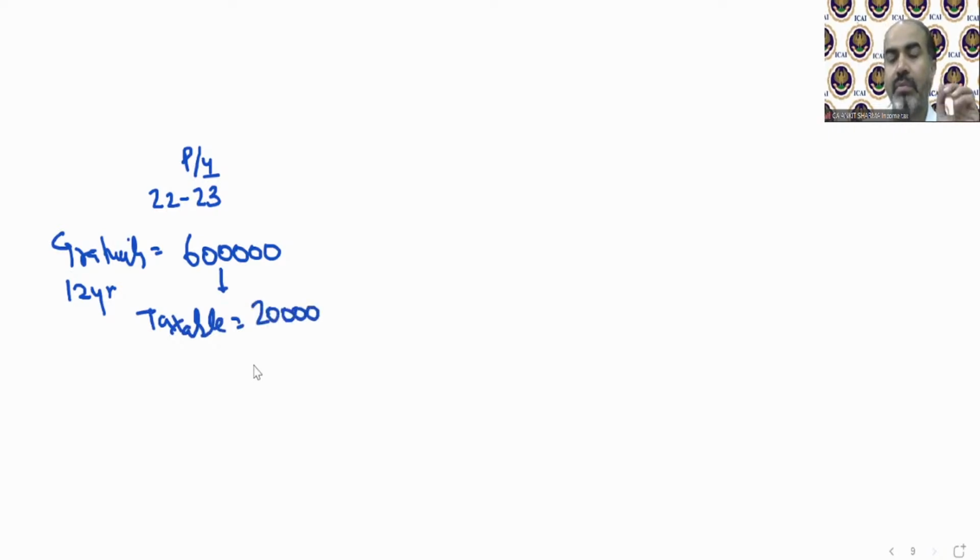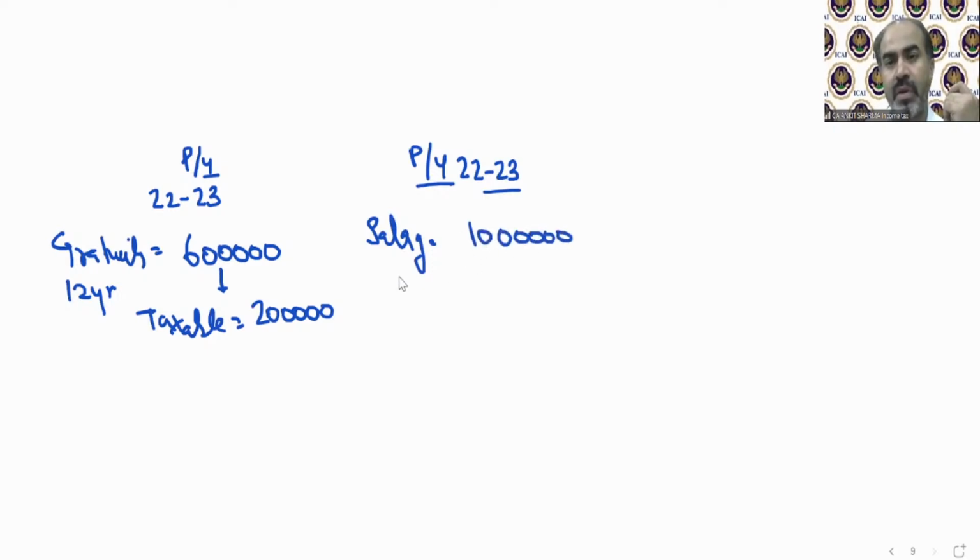Now, how do we solve this? We need to find the previous year 22-23 income. For example, salary except gratuity is 10 lakh 50,000.